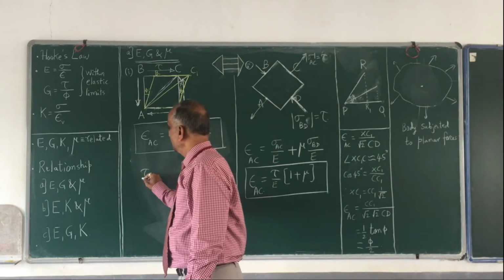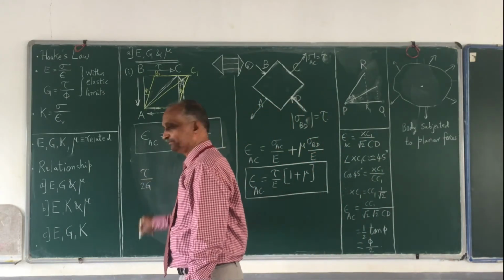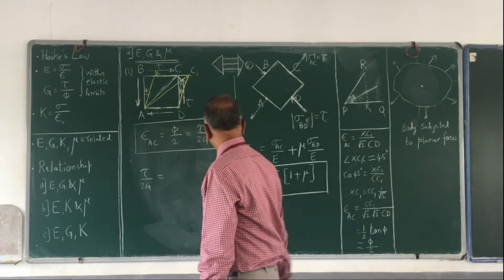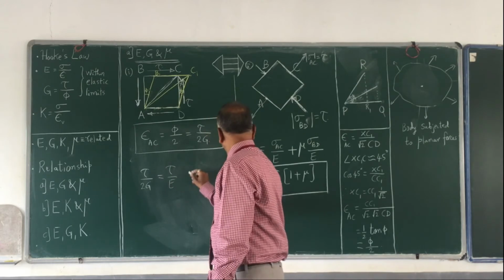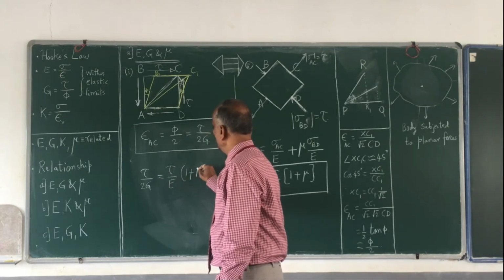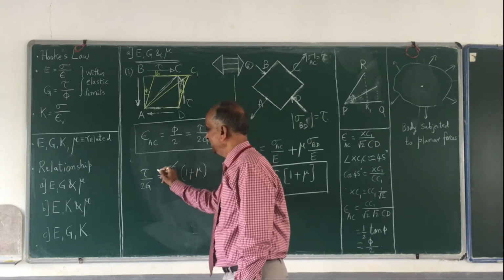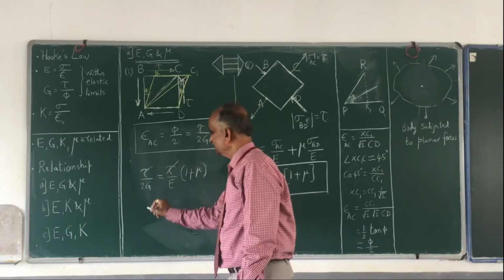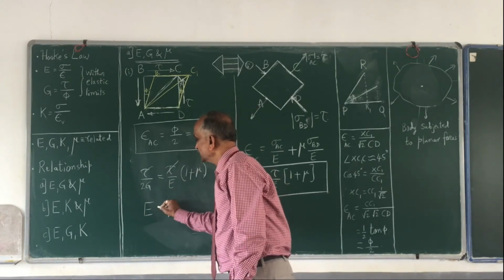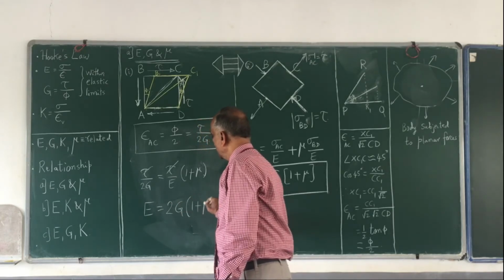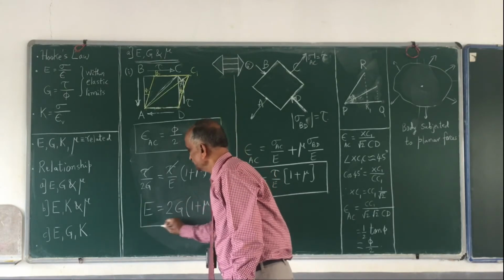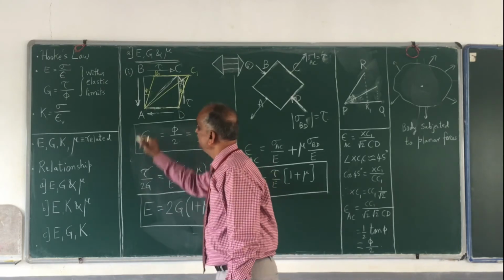Tau divided by 2G is also equal to tau by E into 1 plus mu. Tau and tau cancel. Cross multiply and write E equal to 2G into 1 plus mu. This is the relationship between E, G and mu.